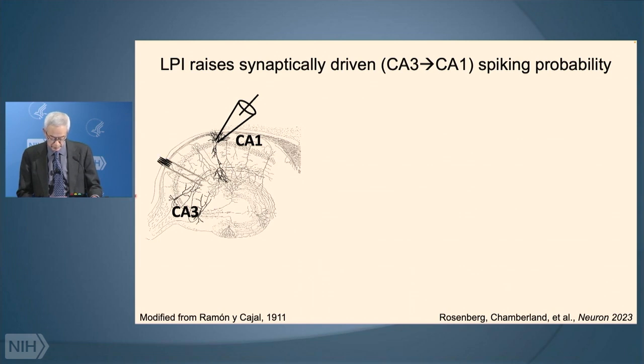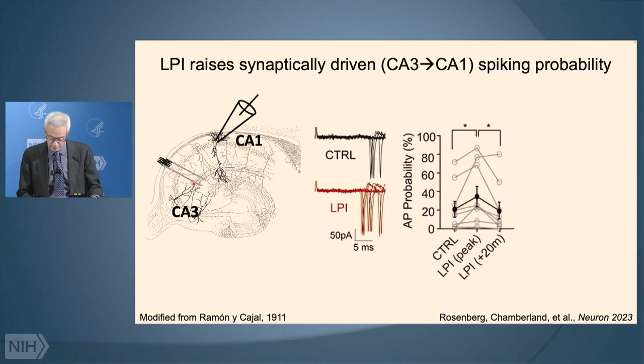And when we stimulate those axons with an extracellular stimulus, we find that the stimulus is followed by action potentials that are recorded as extracellular currents, shown here, and that LPI increases the incidence of successful firing by about 50%, an effect that disappears if you maintain exposure to LPI.